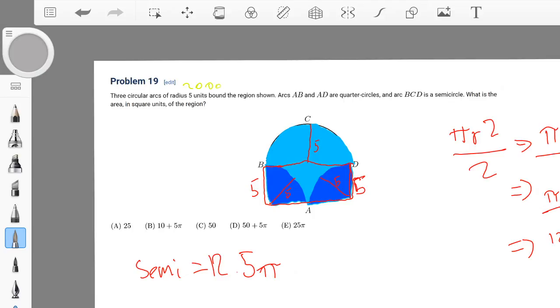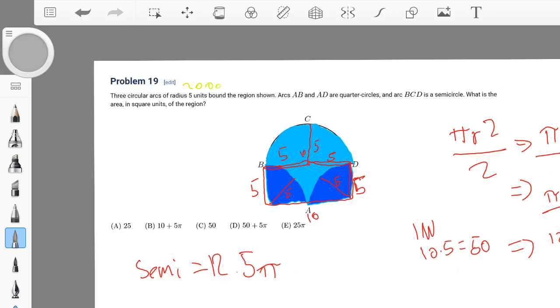To find BD, we know that the radius of this semicircle is also 5, which means this way it's 5 and this way it's also 5, causing the bottom and the top to be 10. Now let's find the area of the rectangle. The area of a rectangle is just length times width. You guys should know this. So 10 times 5 equals 50.